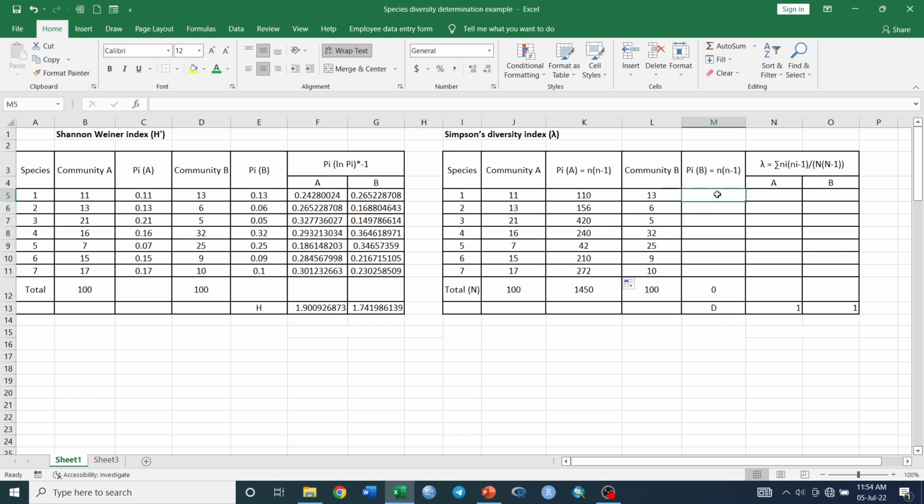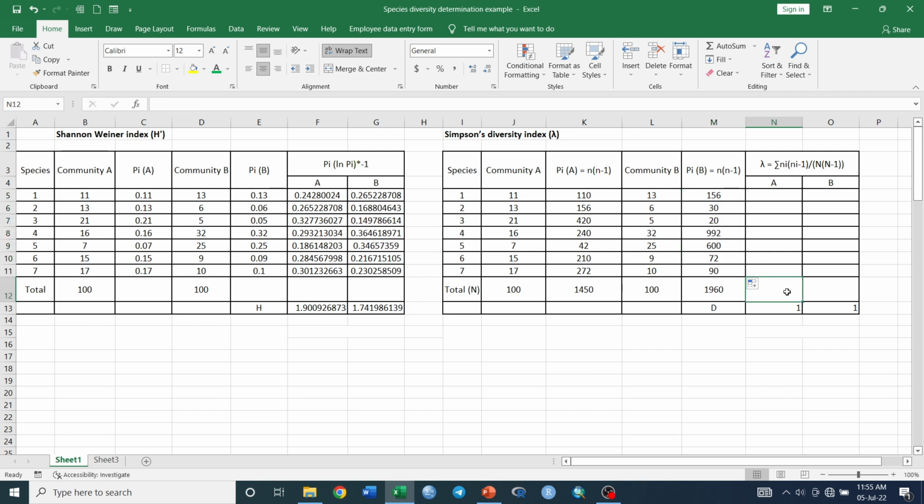For community B, the observation for species 1 times observation of species 1 minus 1, then hit enter and drag the formula down.